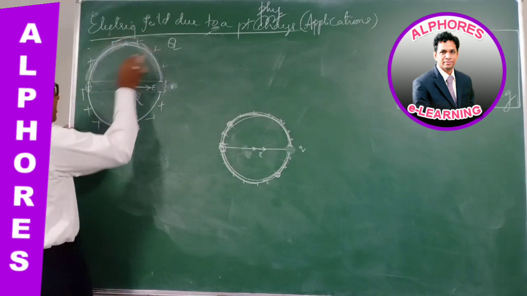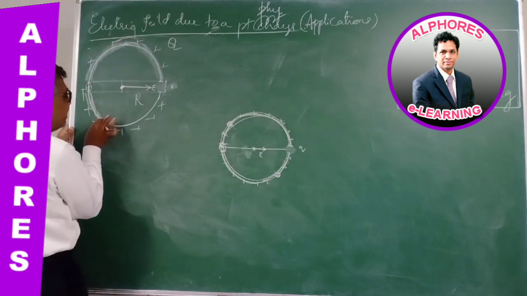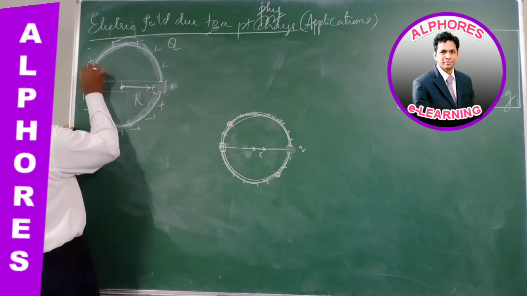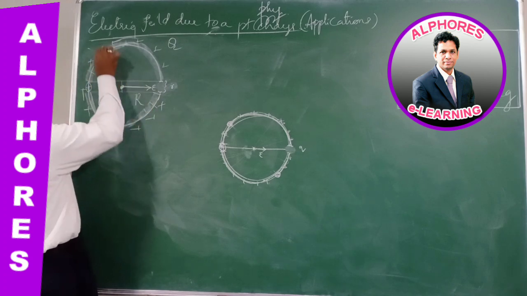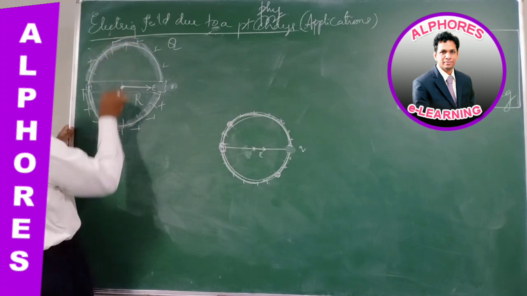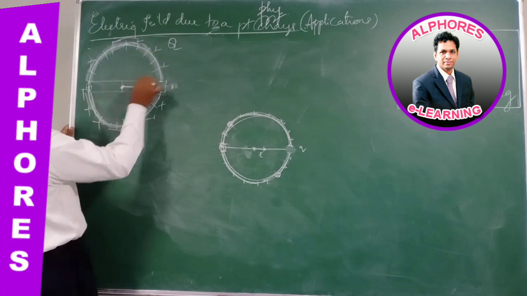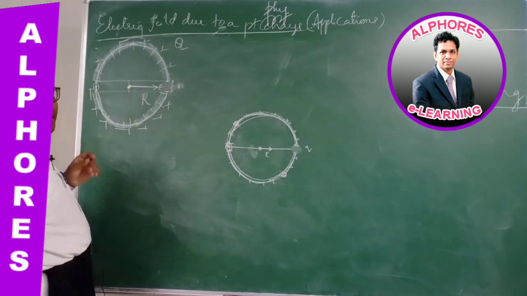For all the remaining parts of the ring, there exist correspondingly opposite points here. So this part will be cancelled by this, by this, by this, all the parts. For every point on the ring, there is a corresponding point on the opposite side which will cancel its field.